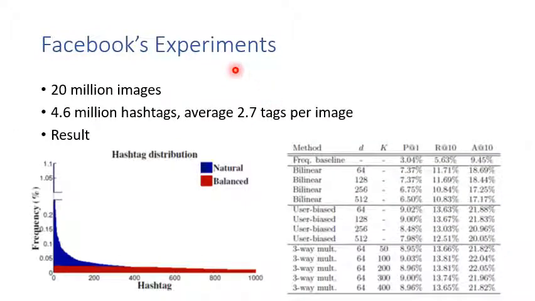Here are the experiment results. Facebook used 20 million images and 4.6 million hashtags. They have an average of 2.7 tags per image. Also, they have normalized the data to make the training data more balanced.